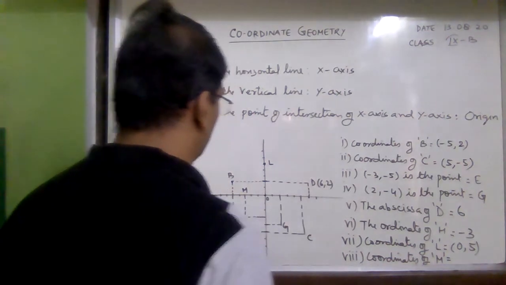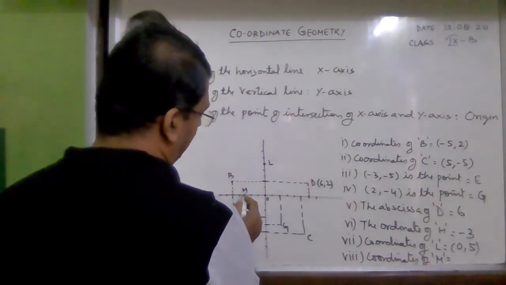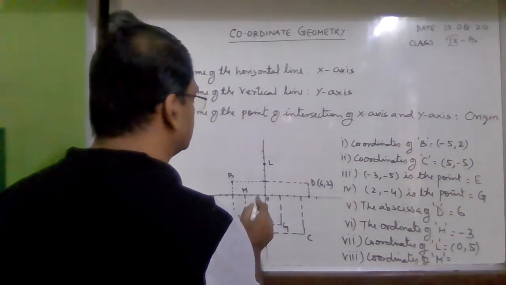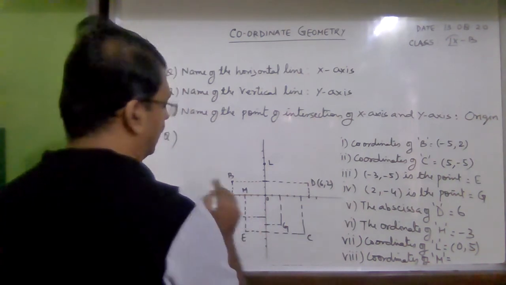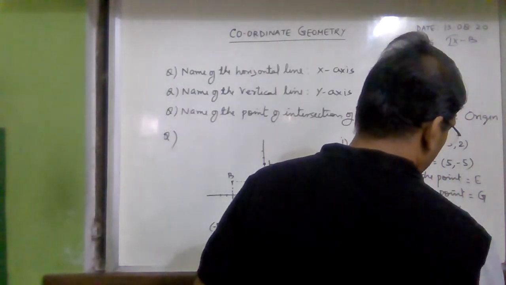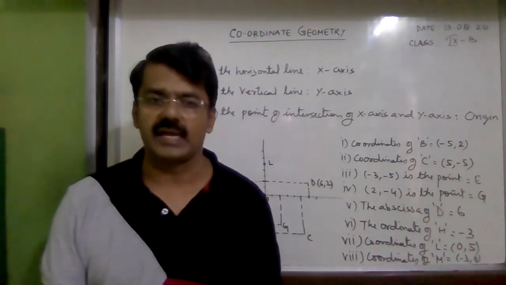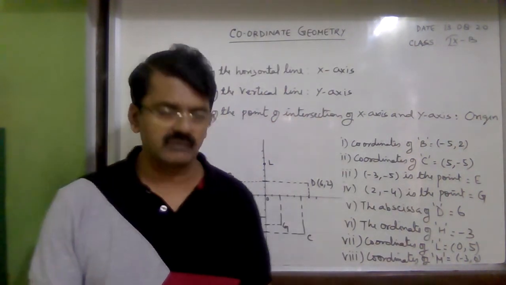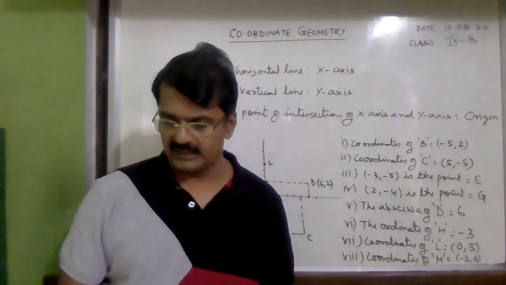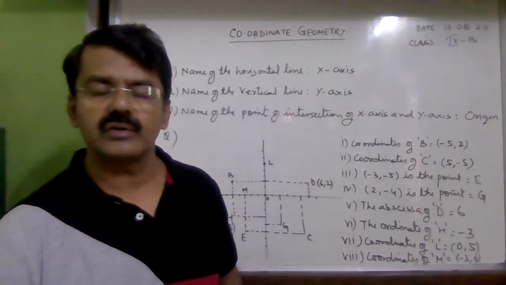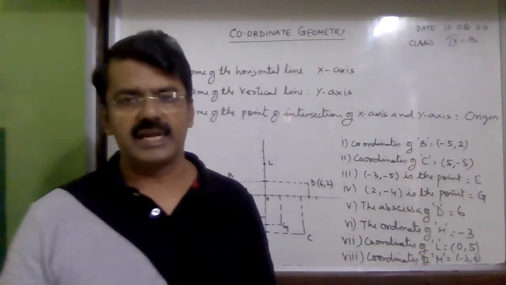Then coordinates of point M, as this point lies on x-axis, so its y coordinate will be 0, -1, -2, -3. So it is -3, 0. So these are the answers to various parts of this question, and we'll continue with few more questions in the next class.